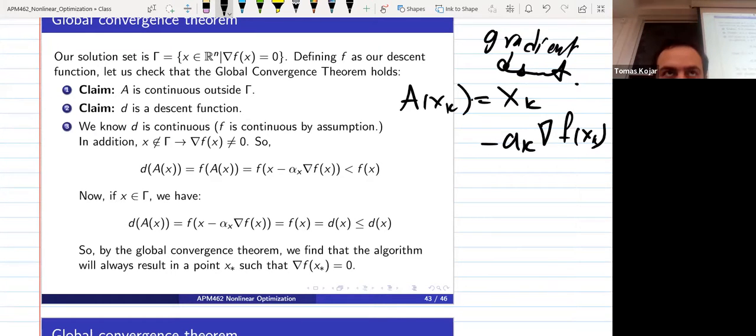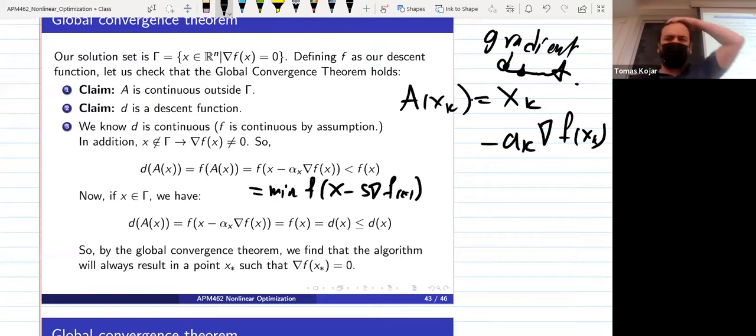And I don't know if you remember, but the way we picked this was so that it's the minimum jump, right? So that's why you get this inequality. So indeed, it's a contraction. All right, so the gradient descent falls into the global convergence theorem.